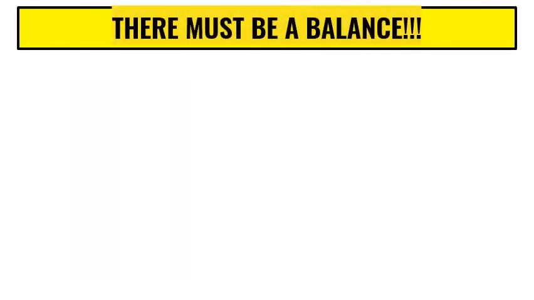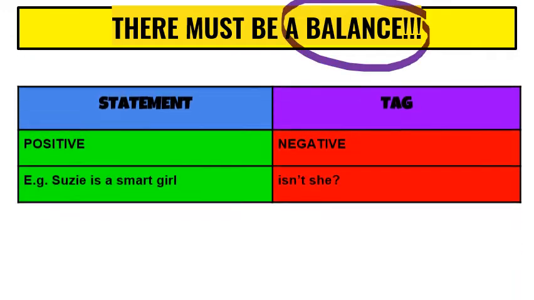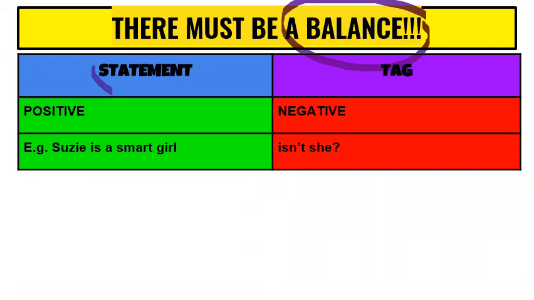Now that you have negative and positive statements sorted out, when we convert a statement into a question, there must be a balance. When my statement is positive, for example, Susie is a smart girl, my tag is always going to be negative, isn't she?